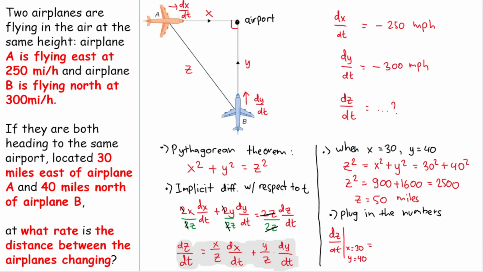So we have 30 divided by z, which is 50, multiplied by dx/dt, which is minus 250, and then plus y, which is 40, over z, which is 50, times minus 300.